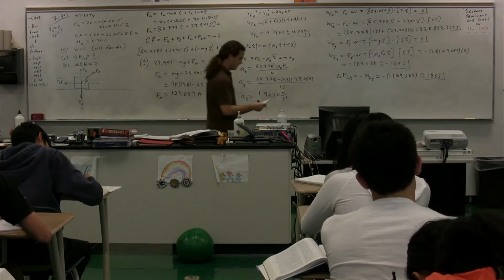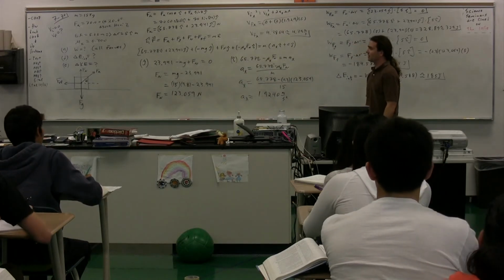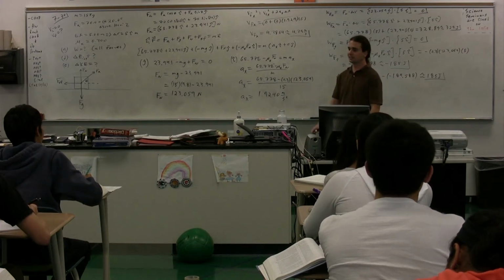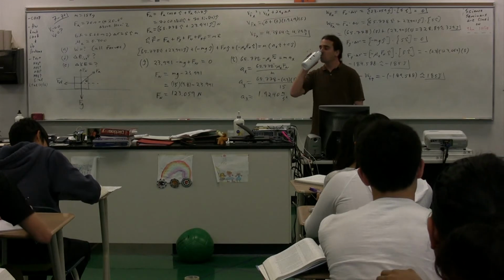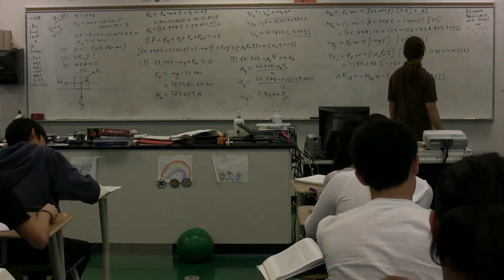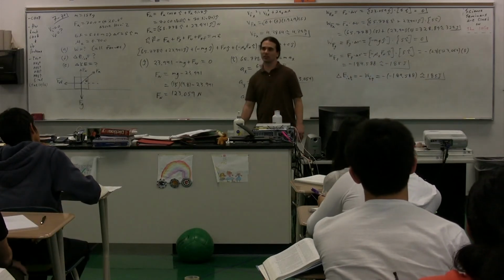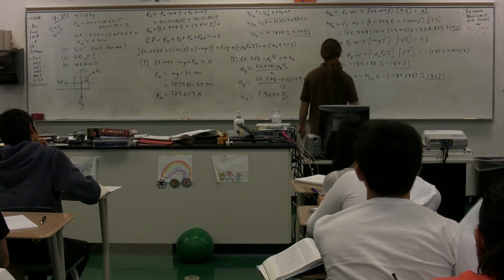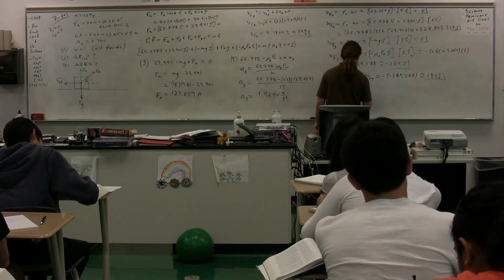Okay, next. The change in kinetic energy. Gosh, I don't know. How do we figure out the change in kinetic energy from what we have here? Carolyn. I know, you can do it that way. That's not how we're going to do it. Kevin. The net work equals the change in kinetic energy.